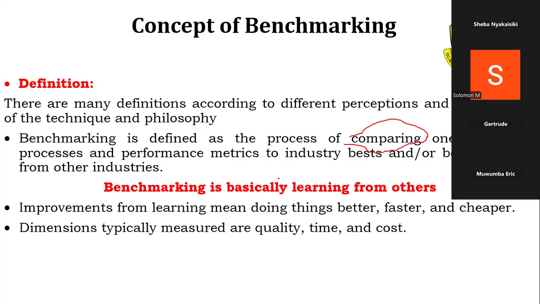So if UMU wants to improve in that area, then they would say, let's go and benchmark with UCU. If Makerere is highlighted as the best at research and development, then UMU would best benchmark with Makerere University.